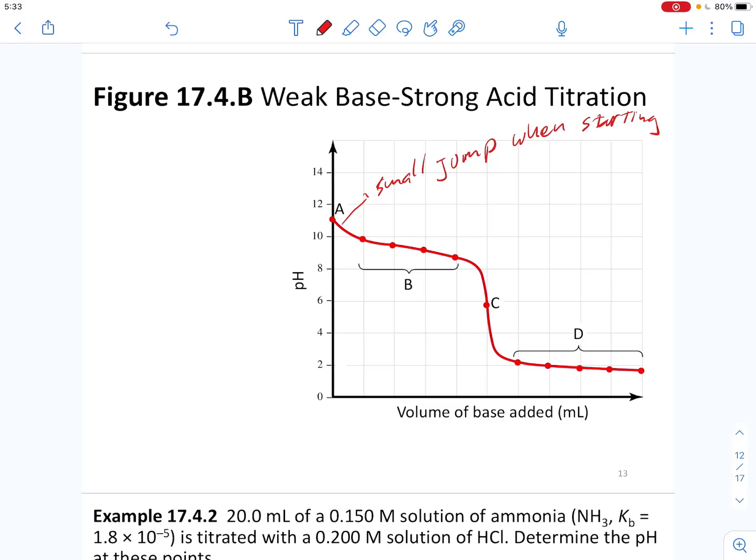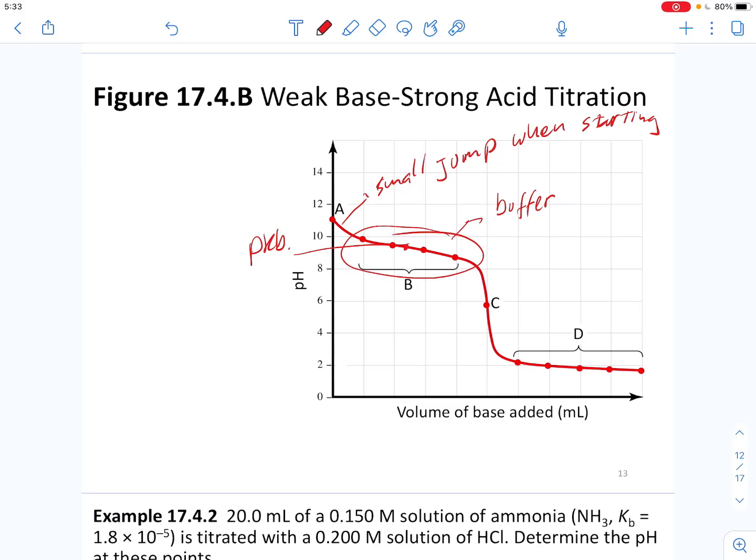Okay, and this region here is going to be the buffer region for the base, and the value that you have halfway through, that is going to be the pKb. You are starting with a base, so that is the region in which the base, the conjugate base acid pair, will control the pH.